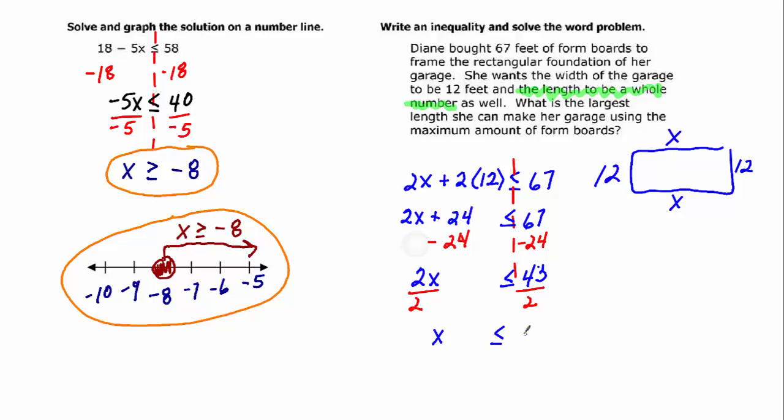Well, half of 43 is 21 and a half, but remember it has to be a whole number. So we have to get the biggest whole number below the 21.5. The length will be 21. The length is 21 feet.